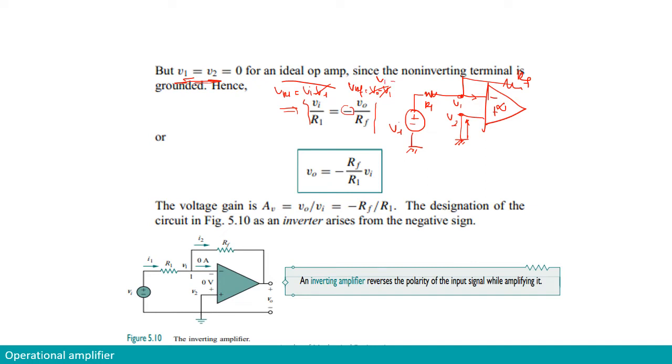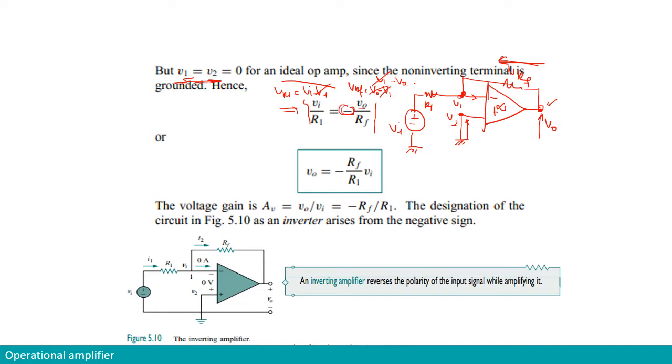It's V1 minus V0, because if we look at VRF, the voltage across the resistance RF, it is the potential at this point, which is V1, minus the potential at the output, which is V0. We know that V1 equals 0, so it becomes minus V0 over RF.